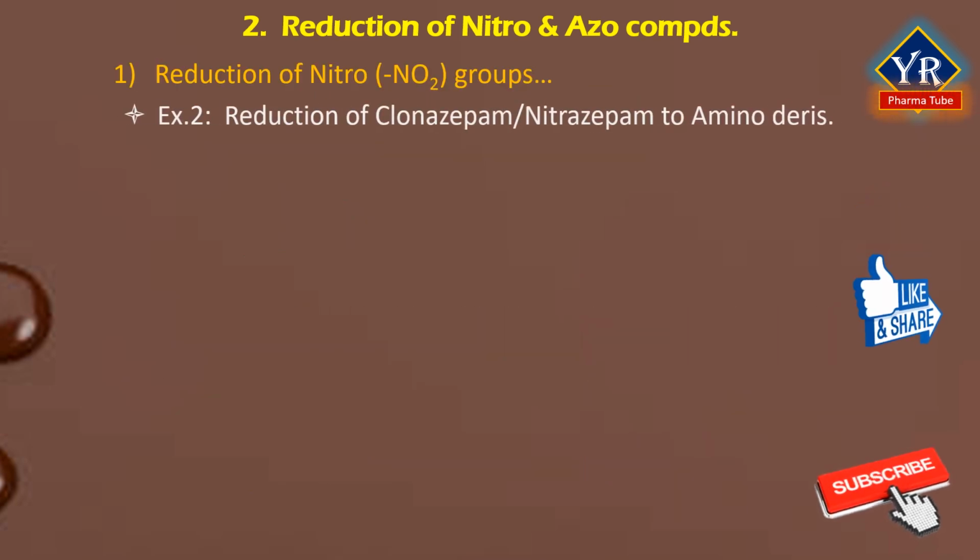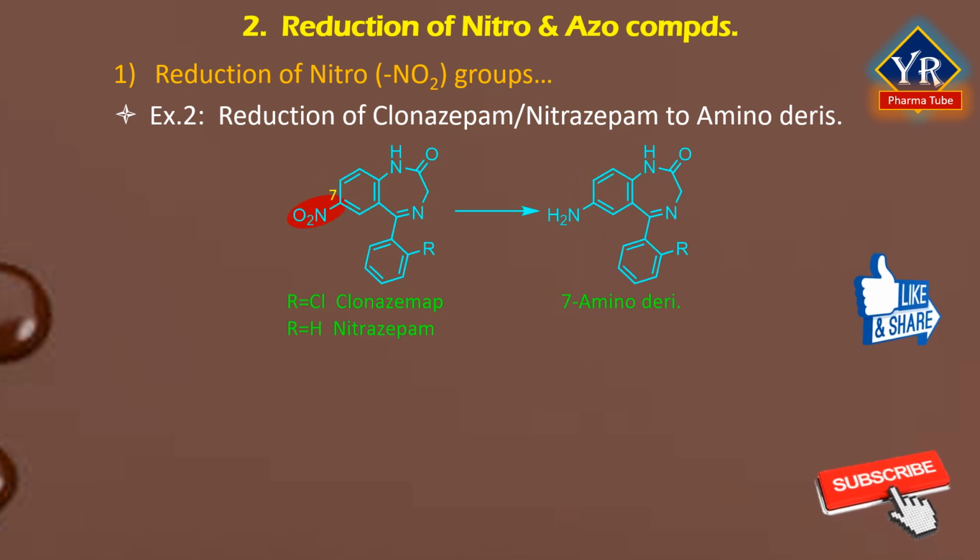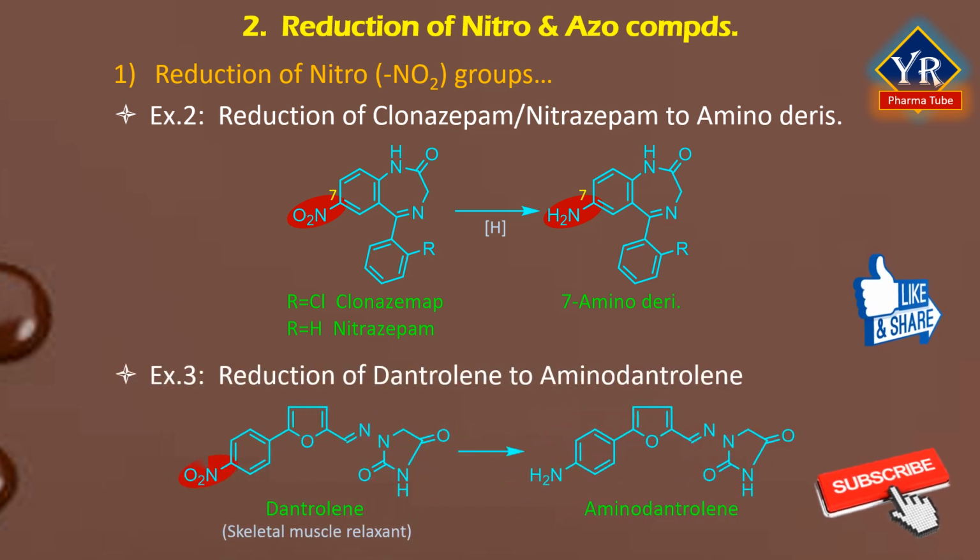Here is an example of 7-nitrobenzodiazepine derivatives clonazepam and nitrazepam, which undergo metabolic enzymatic reduction to their respective 7-amino metabolites in humans. The skeletal muscle relaxant dantrolene also reportedly undergoes reduction to aminodantrolene in humans.